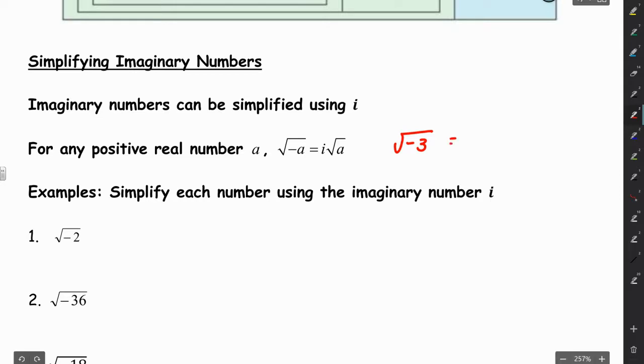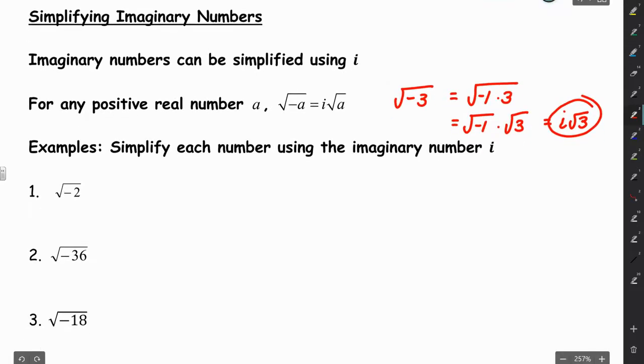What that really means is we have the square root of -1 times 3, which means the square root of -1 times the square root of 3. And we know forevermore that whenever we see the square root of -1, we're going to replace it with i. So our final simplified answer for this example would be i root 3.